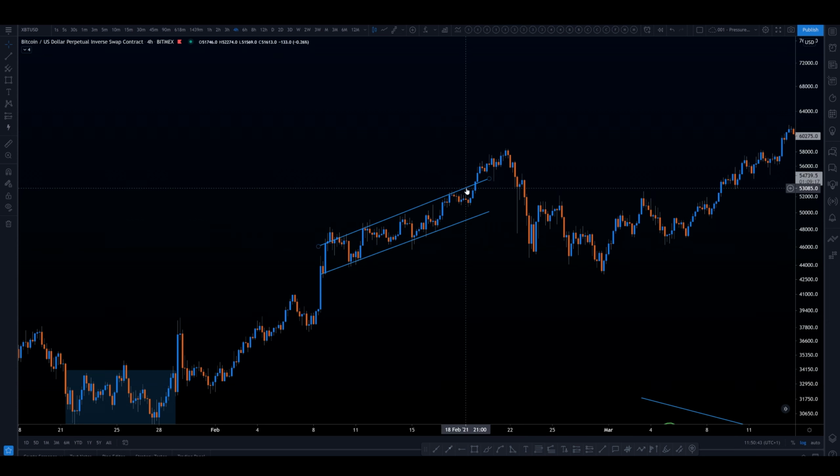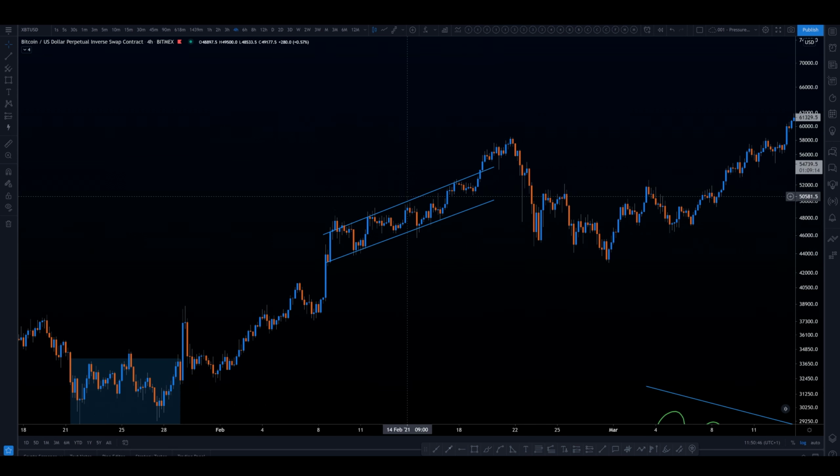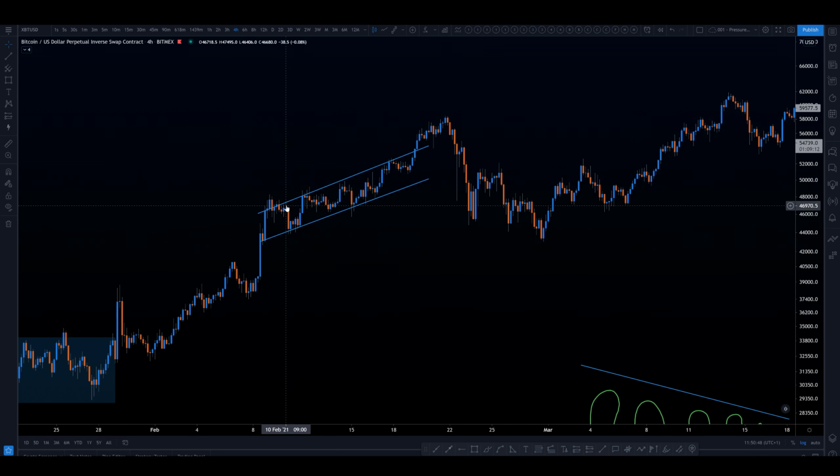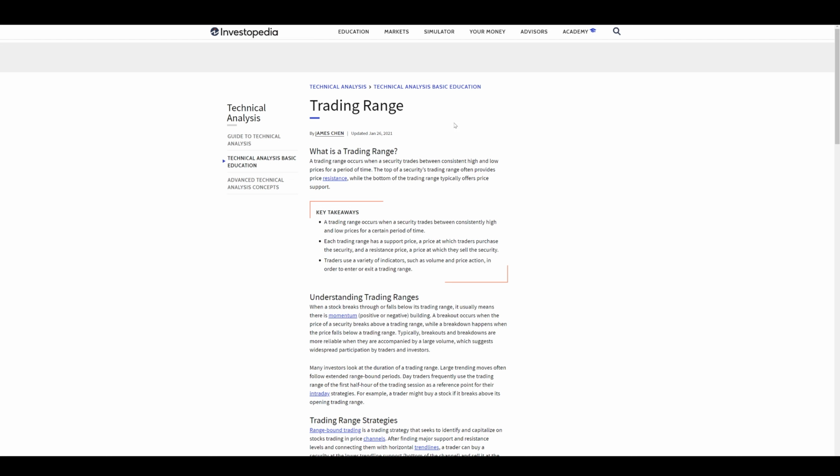It's going diagonal, but it's also defined by a clear top and a clear bottom. So if we get back to the trading range definition, we do have a top that provides resistance. We do have a bottom that is providing support.